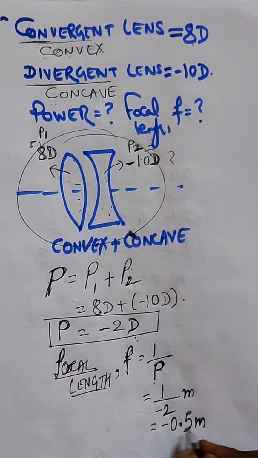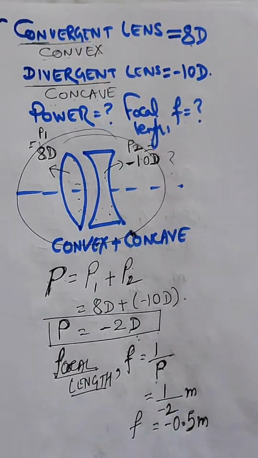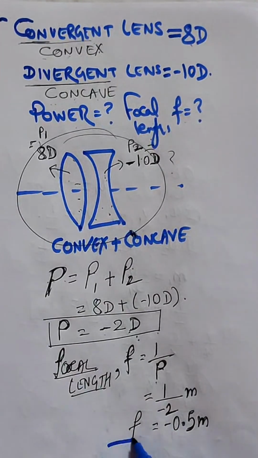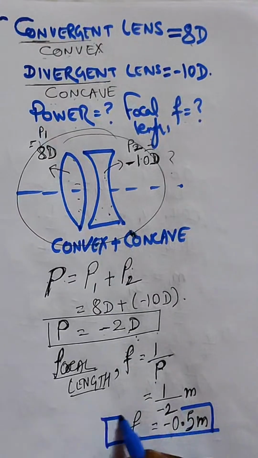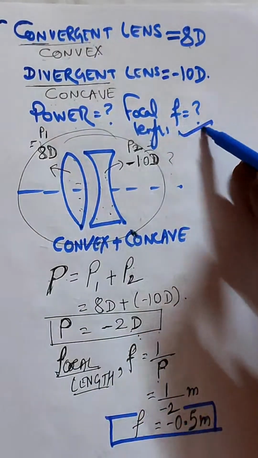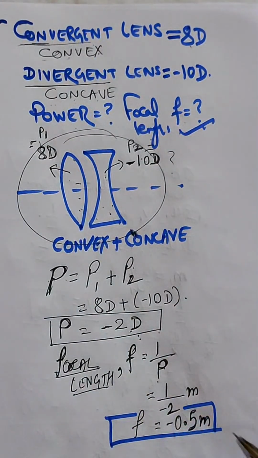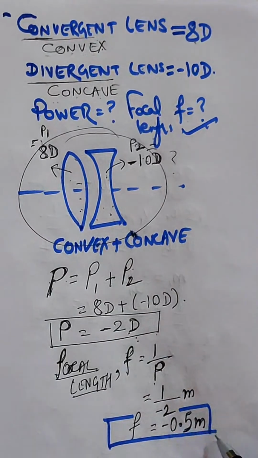So this will be the value of your f, that is the focal length. So the second part is solved, that is minus 0.5 meter, right?